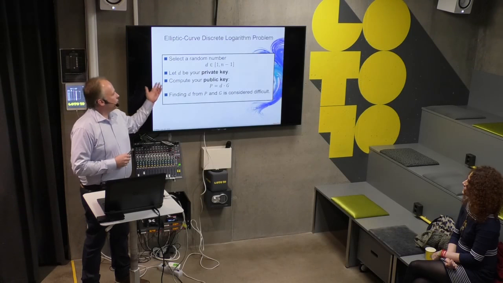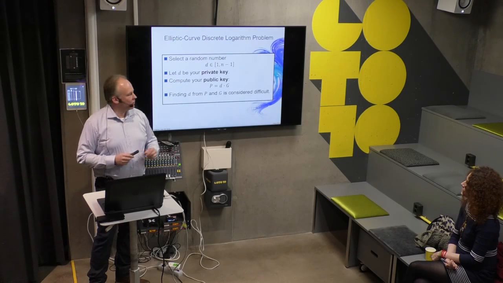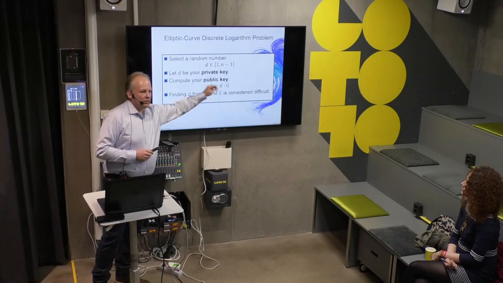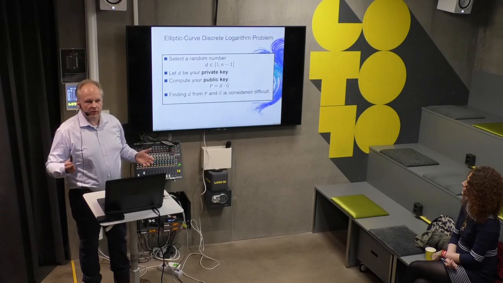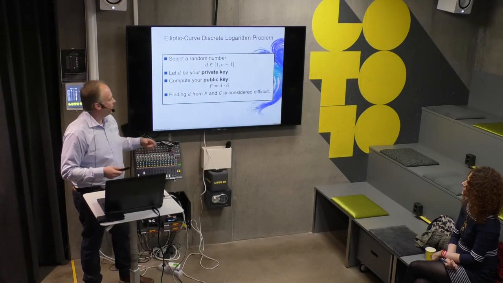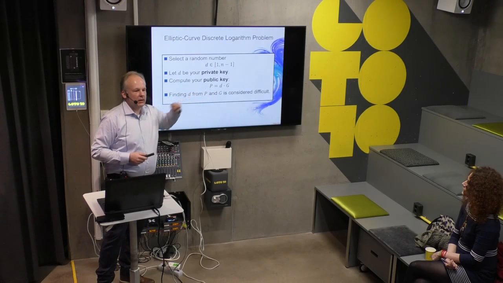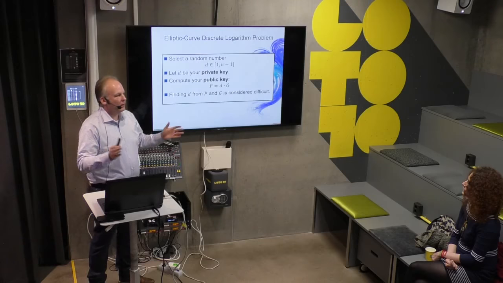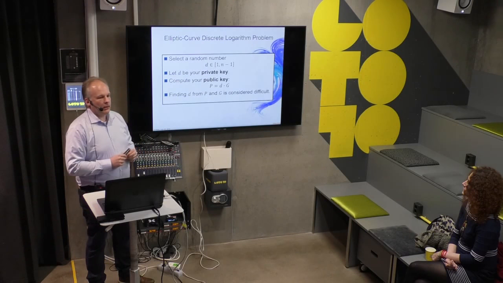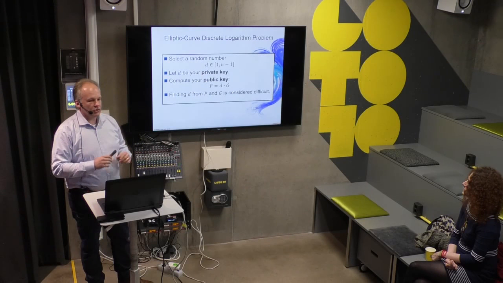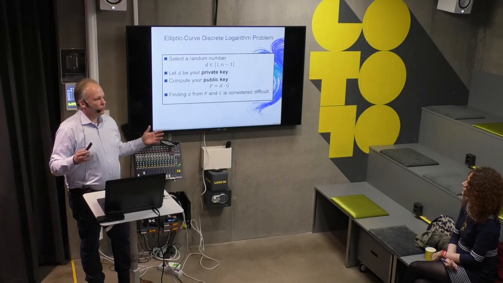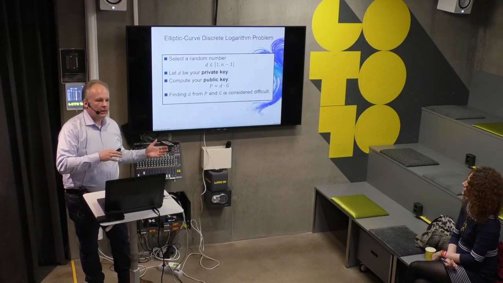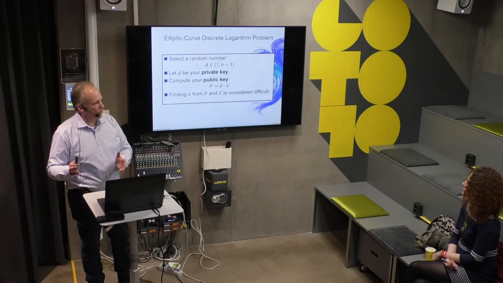And this number is your private key. And then you take your generator point, which is public, for the curve, and you add it to itself so many times. Obviously, you don't do this linearly. You break it down in a binary fashion. So this is why you have this doubling and addition of different points.